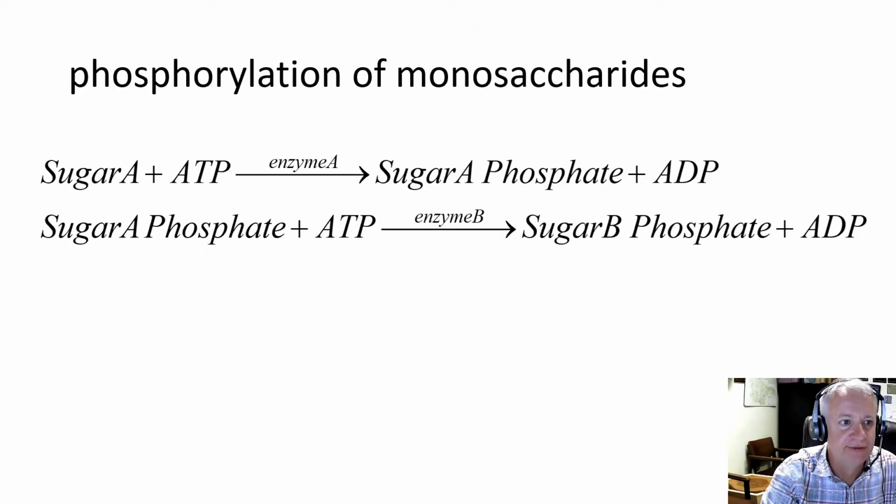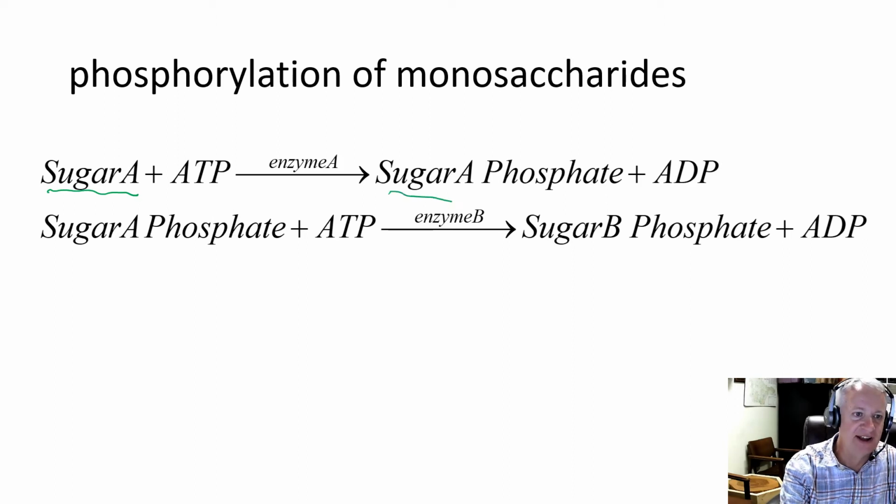Phosphorylation of monosaccharides is usually required for sugar transformation reactions. So when there's a chemical reaction in which one type of sugar is transformed into another type of sugar, that usually involves the phosphorylation of that sugar. So for instance, if we have sugar A, that sugar A will be phosphorylated. It'll have a phosphate group added onto it.